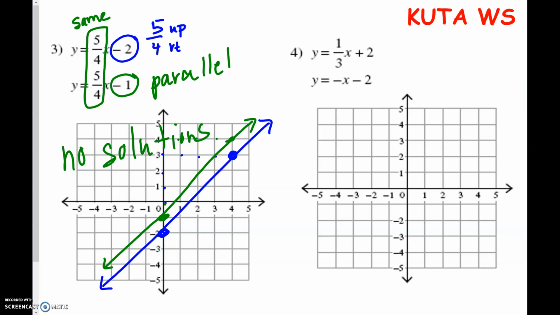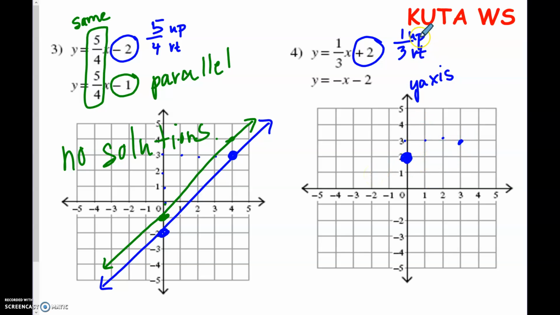All right, number 4. The first one has a y-intercept of positive 2, so go to the y-axis and put a dot at 2. Now my slope is 1/3, which means up and right. So I'm going to go up 1, right 3. Now I can get some more dots on here.